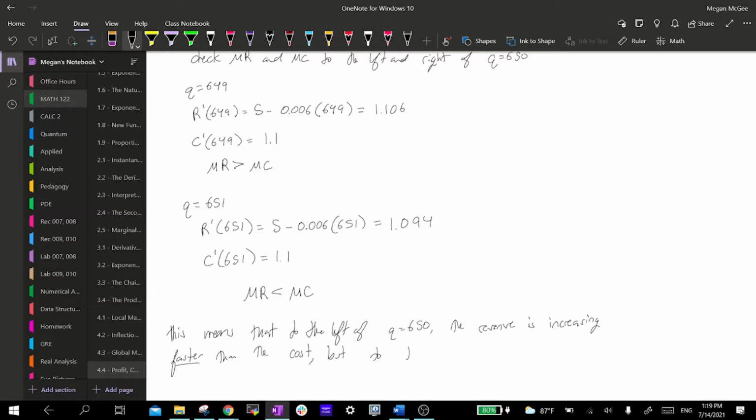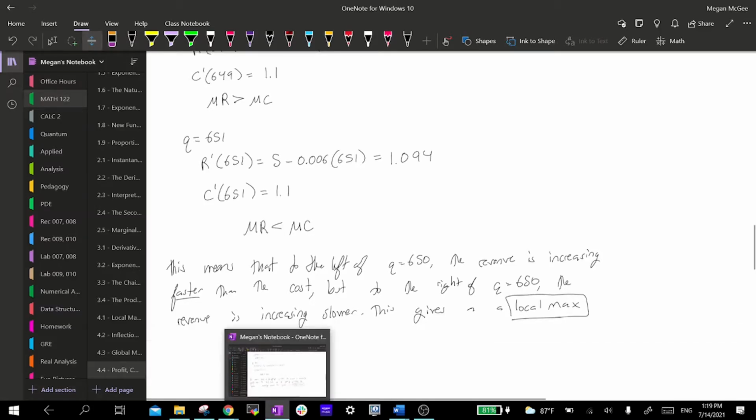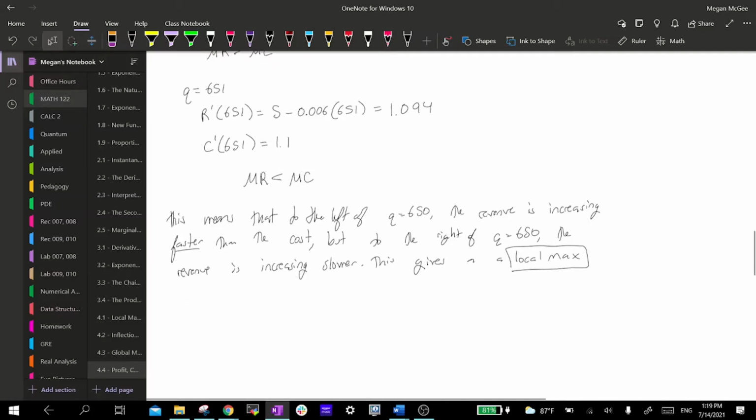But to the right of this point, q is equal to 650, the revenue is increasing slower. This gives us a local max. Alright, so we may have found a local max, but we need to check if it's a global max.